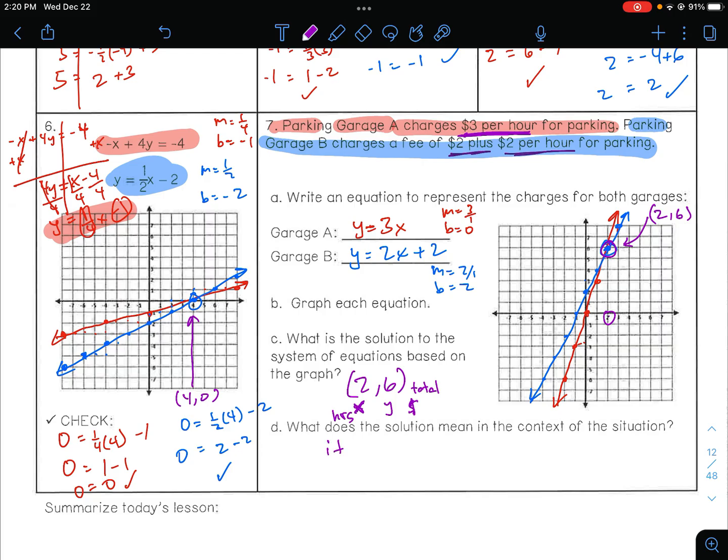It means at 2 hours, it costs $6 for both places. For both parking garages.